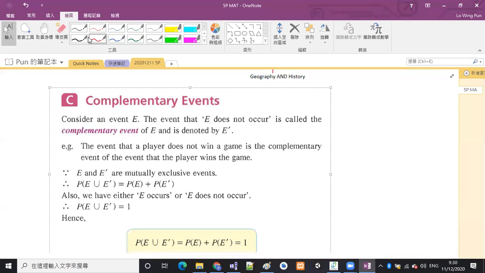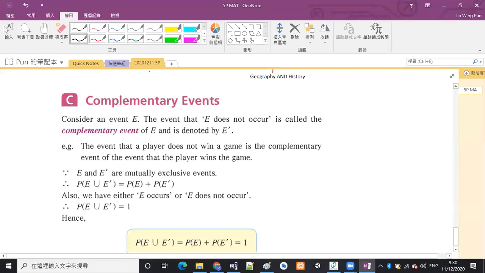This prime thing. 呢個讀 prime 啊，咁就係 not 咁解。OK, does not occur.